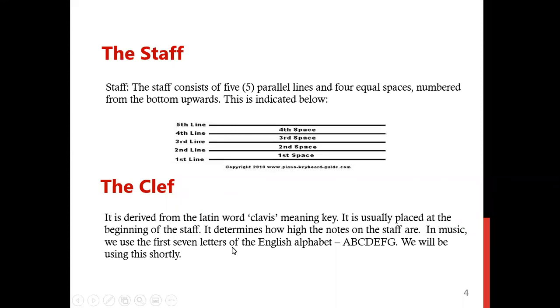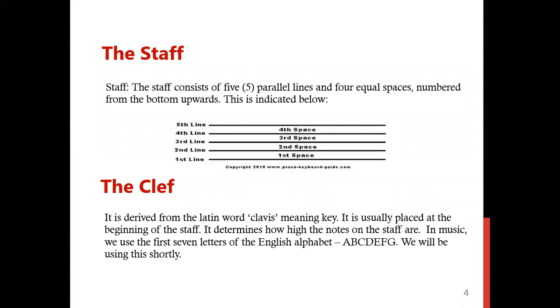All right. When you put a sign at the beginning of the line, these signs are usually called the clef. When you put that sign at the beginning of those lines, then your staff is no longer a staff. It becomes what we call a stave. So when you put the clef at the beginning of the staff, it becomes a stave.